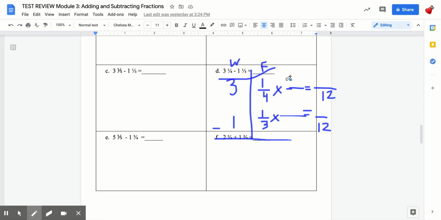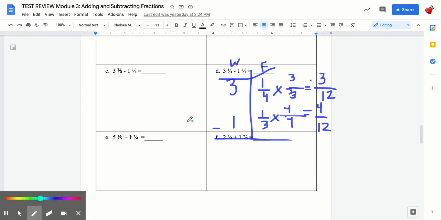So 1/4, we're going to multiply by 3/3 because 4 times 3 is 12. 1 times 3 is 3. 1/3, I'm going to multiply by 4/4 because 3 times 4 is 12. So 1 times 4 is 4. Now, can I do 3 minus 4? No, I can't. 3 is smaller than 4. So I can't do 3/12 minus 4/12.